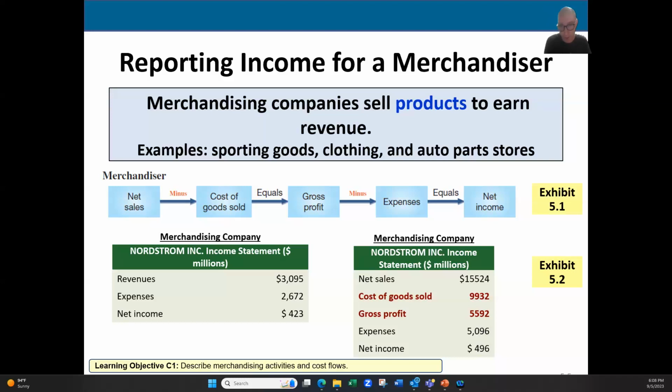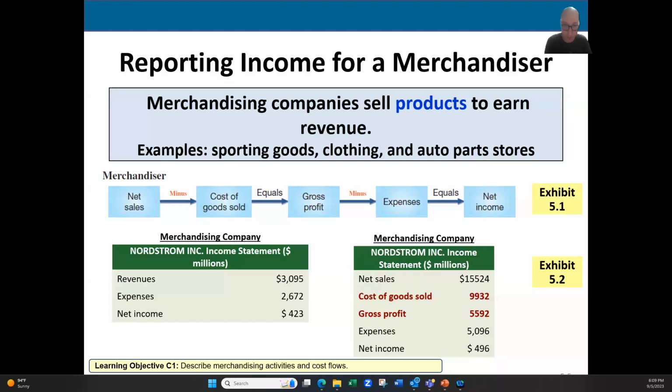So let's break it down further. Net sales. Their net sales was $15 billion. Their cost of goods sold was $9.9 billion. Okay. That gives them a gross profit of $5.5 billion.